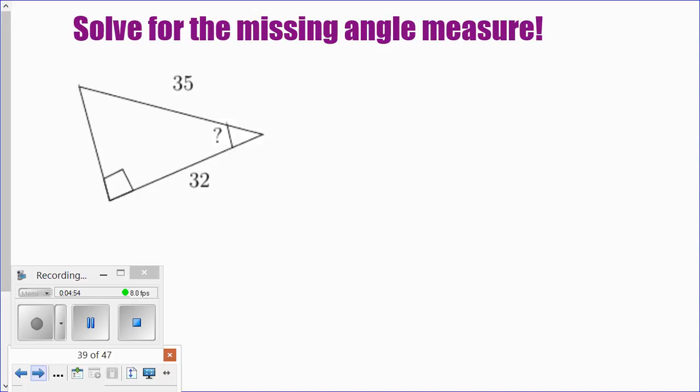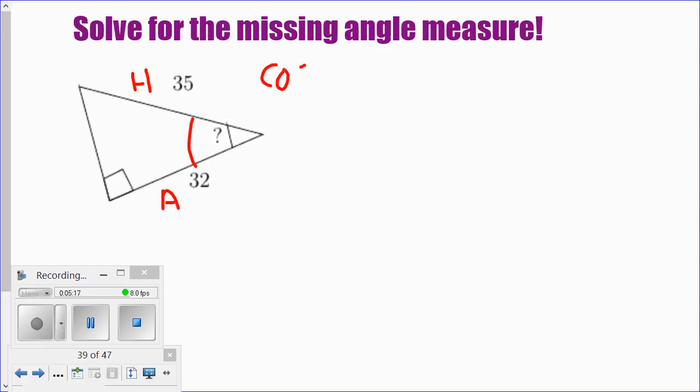So let's take a look at another problem. So I'm looking for this angle, and I don't know the opposite side. I do know the hypotenuse, and I do know the adjacent. So I know the ratio that involves adjacent and hypotenuse is cosine.